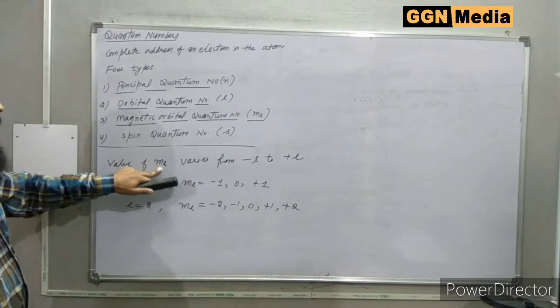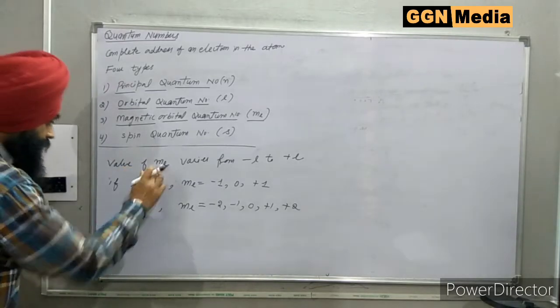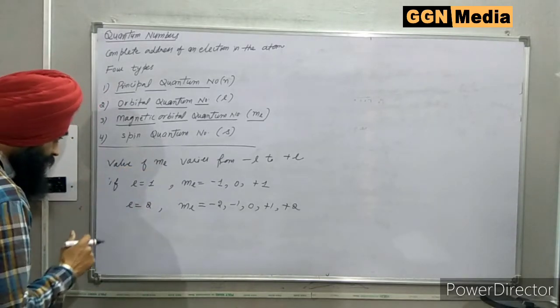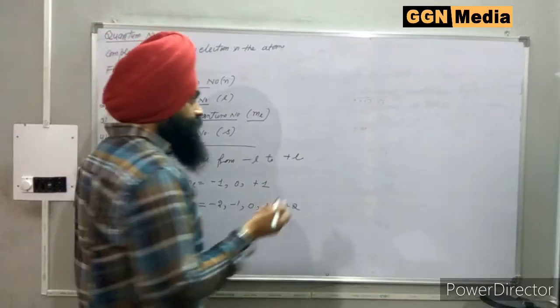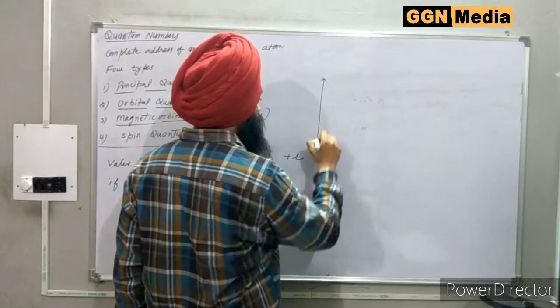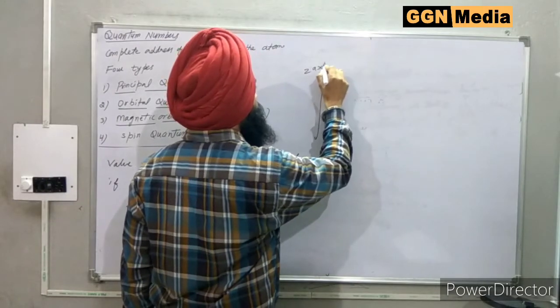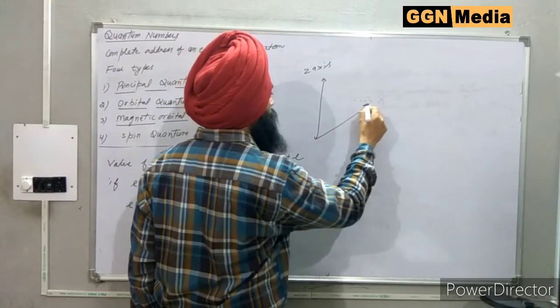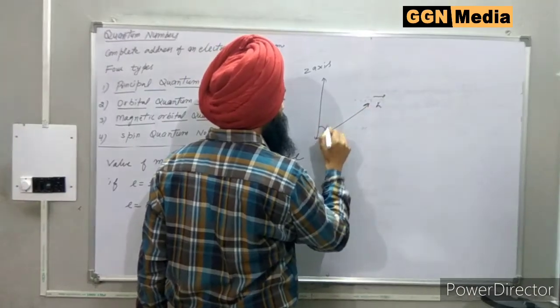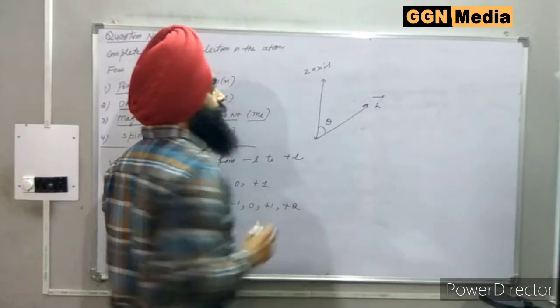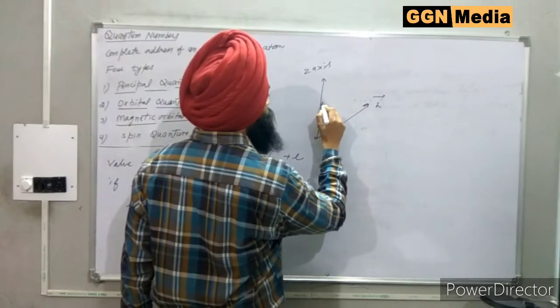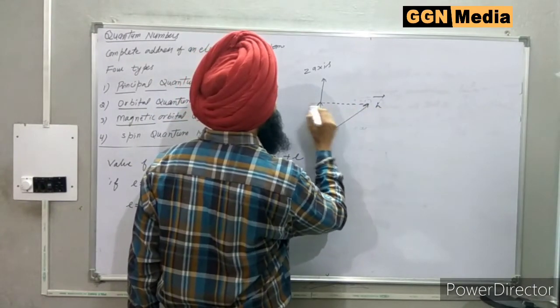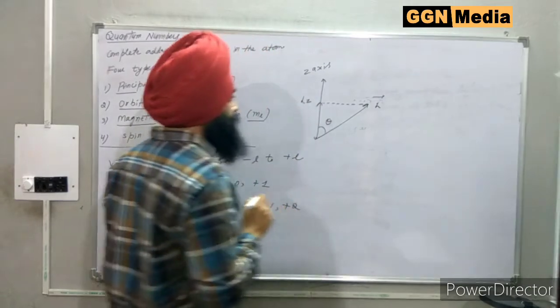From quantum mechanics, it is very clear that if I take the vector model, let us suppose this is the z-axis, and the angular momentum L is oriented at an angle theta with respect to the z-axis. The projection of L on the z-axis is called Lz.